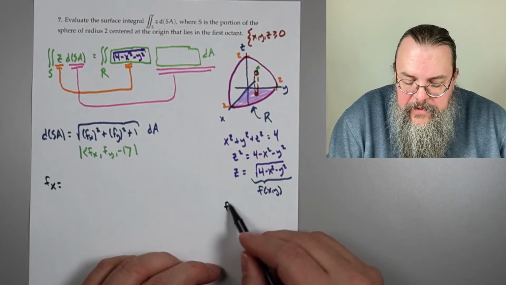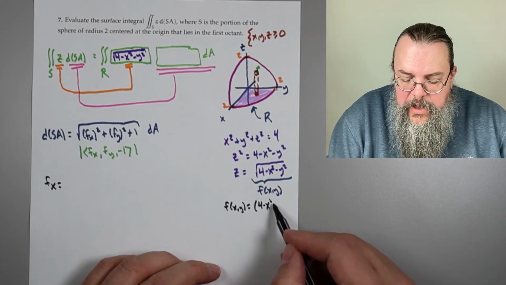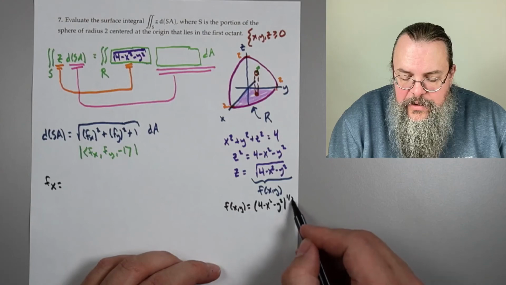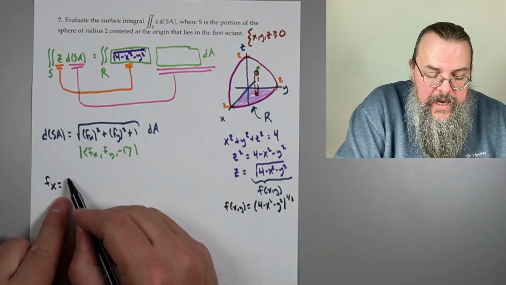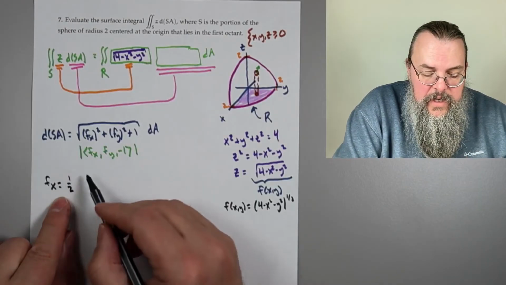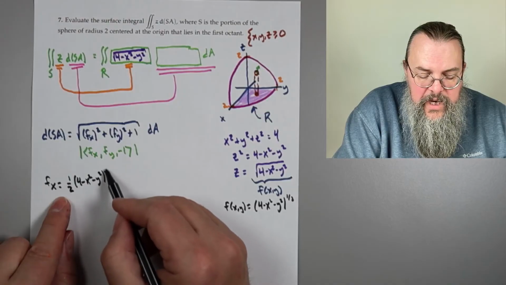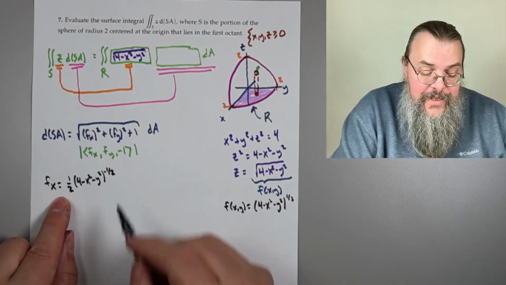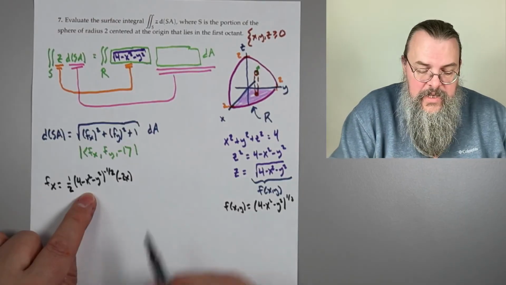We can note here that f of x, y is 4 minus x squared minus y squared, to the half. So according to this, the half comes down, and then it's 4 minus x squared minus y squared to the minus a half, and then the chain rule says multiply by negative 2x.